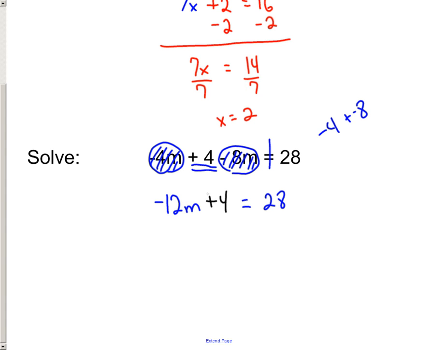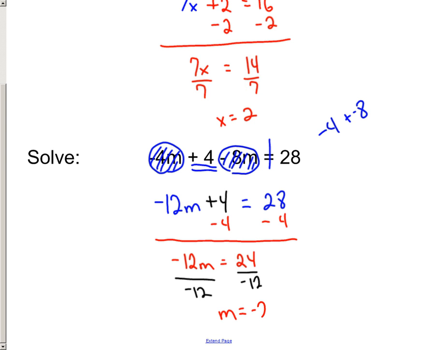Now we just have to come back through and complete the two-step equation. And m equals negative 2.